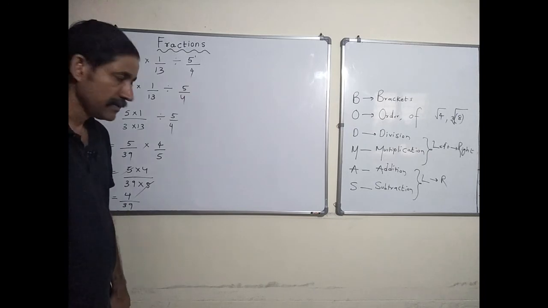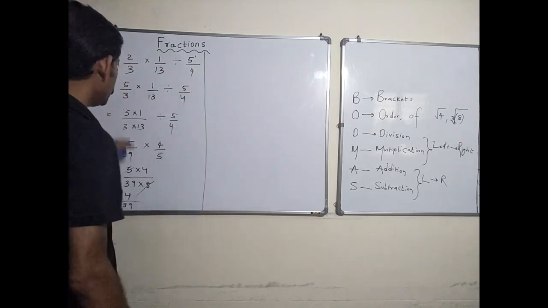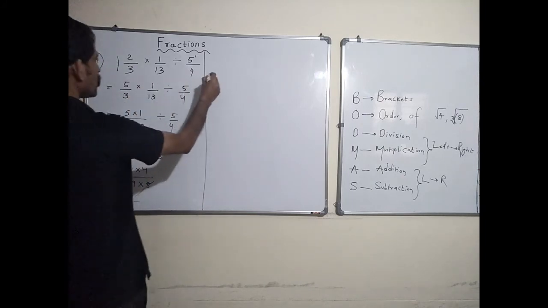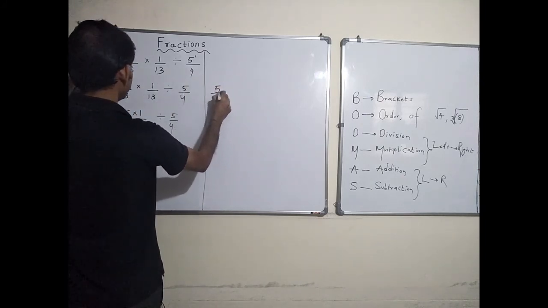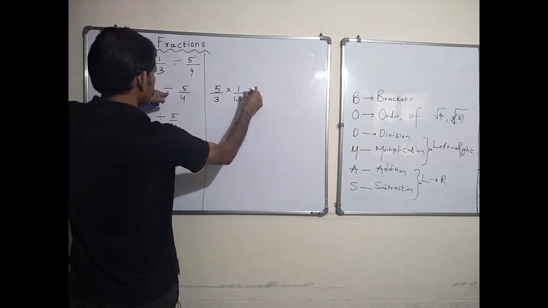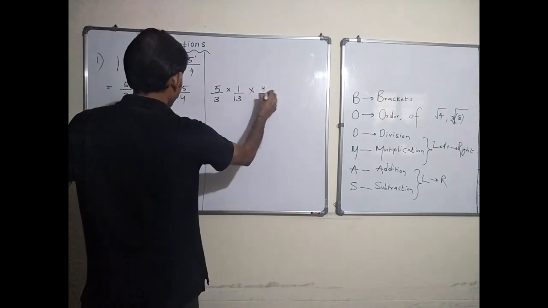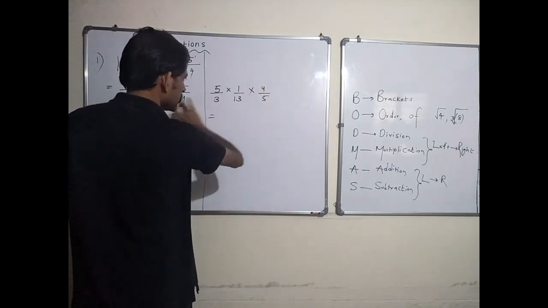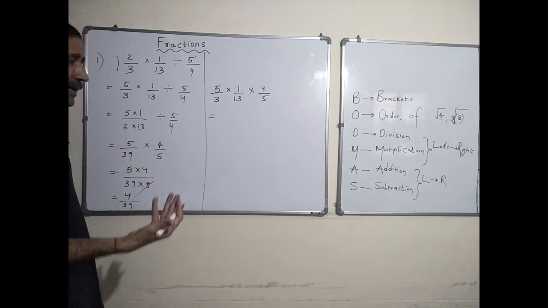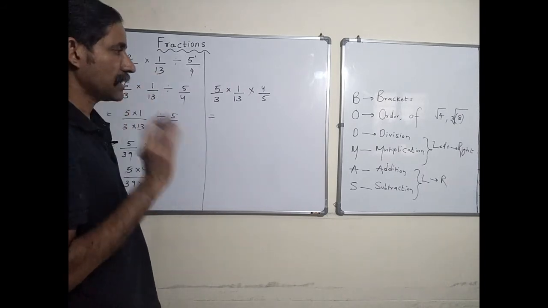Okay, great. Now here some students may say, sir, we could have also solved it as, after this 5 by 3 into 1 by 13, division I make multiplication, and then I reverse it. Then everything is multiplication, so I just multiply. That also is fine. But if you stick to the rule, you will definitely get the correct answer.